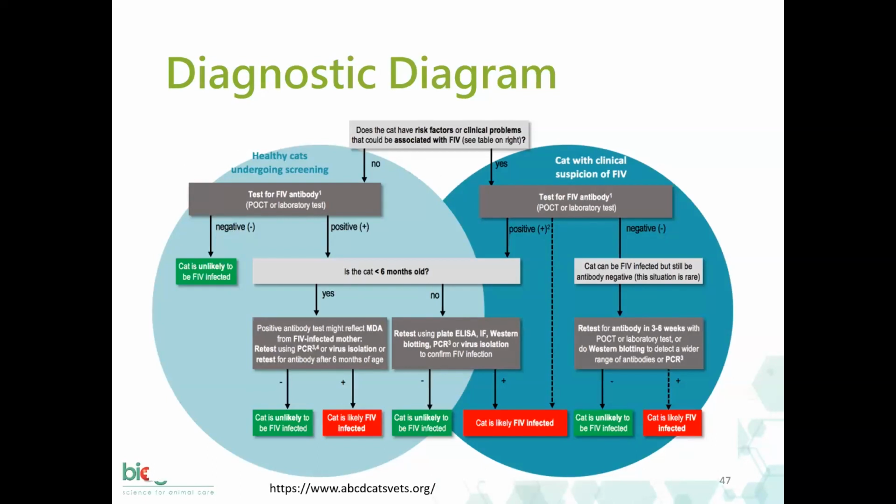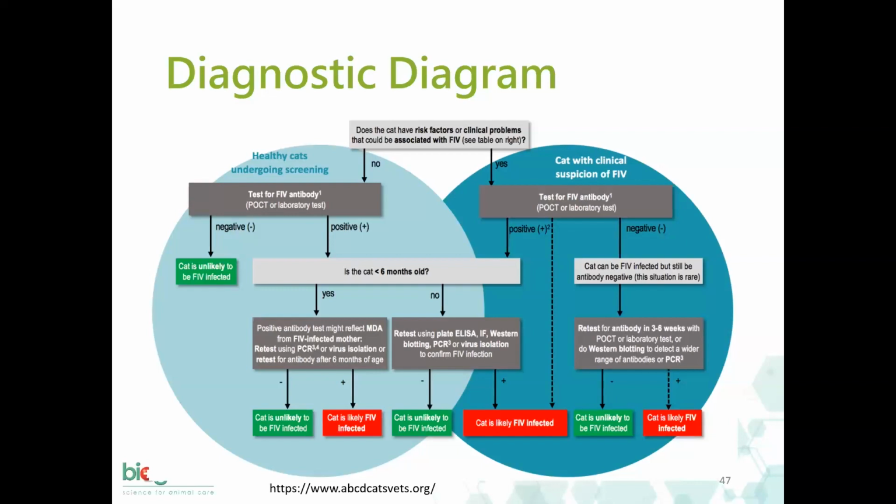If the cat does not have any risk factors, then it is unlikely to be infected with FIV. If the cat does have risk factors, then the next step is to test the cat for FIV antibodies. There are two types of FIV antibody tests: the POCT test and the laboratory test.